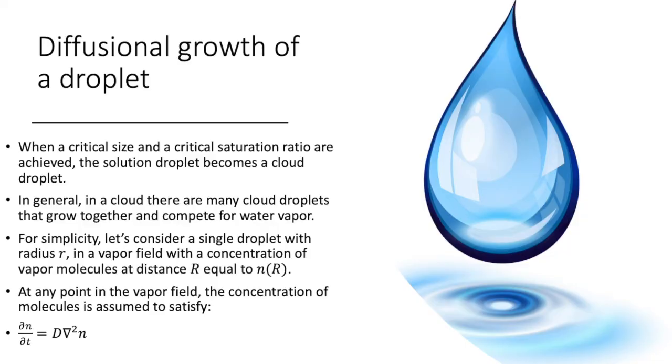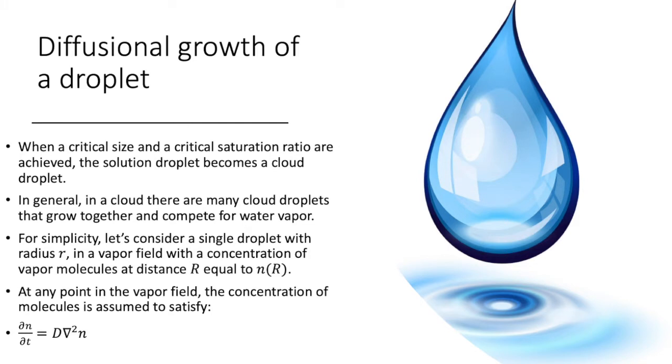Well, we said that when a critical radius and a critical saturation ratio are achieved, essentially we have a cloud droplet, right? If you remember last time, the curvature effect and Raoult's law give us a cloud droplet.